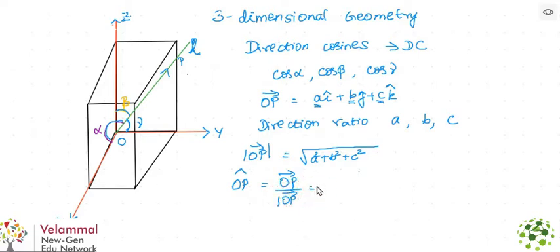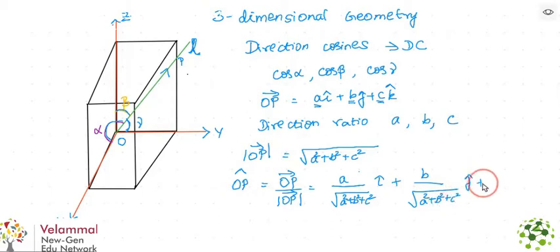So what is vector OP? A divided by the square root of a square plus b square plus c square, because I am dividing it by the modulus of OP, times i, plus b divided by the square root of a square plus b square plus c square, times j, plus c divided by the square root of a square plus b square plus c square, times k.